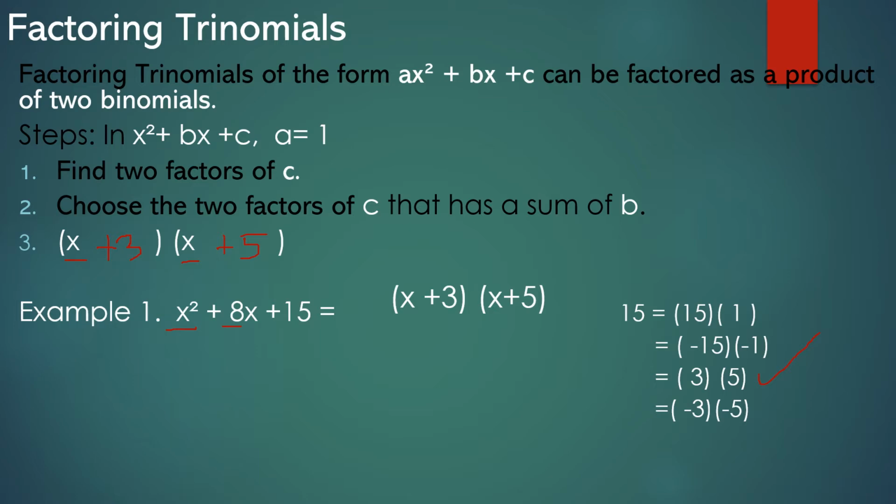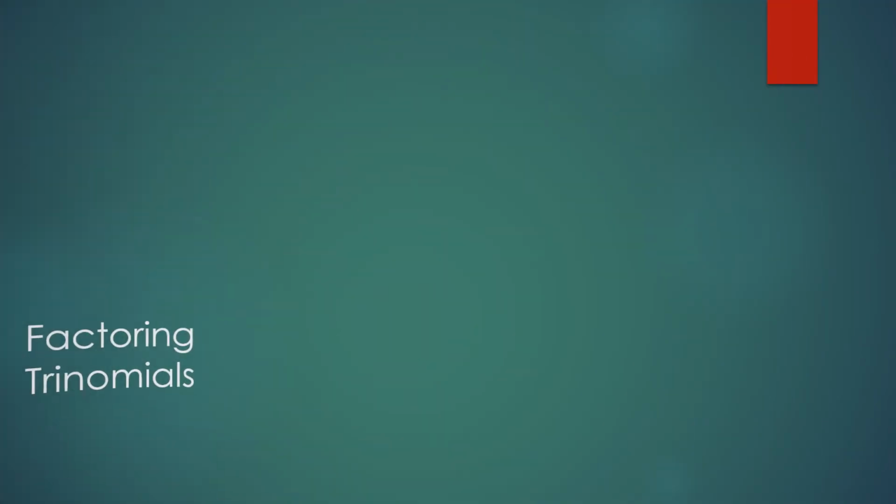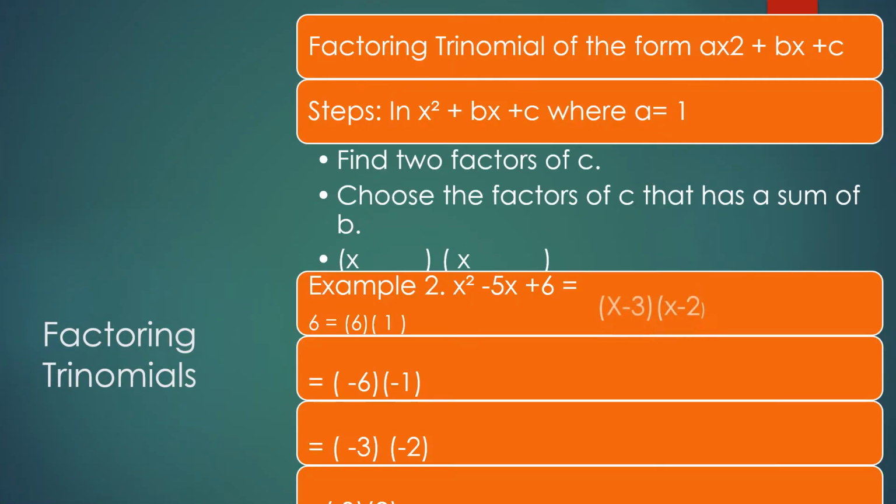Now, let's have another one. Okay, so again, ito yung mga steps. Ito ang pangalawang example natin: x squared minus 5x plus 6. Again, ang value ng a natin dito ay 1, kaya inilagay ko dito x and x on that side.